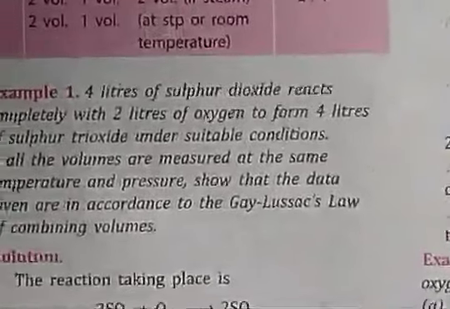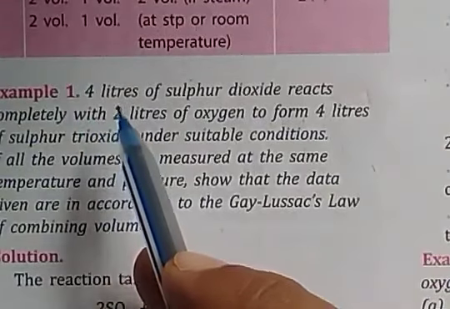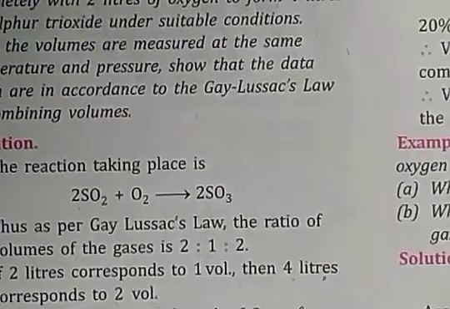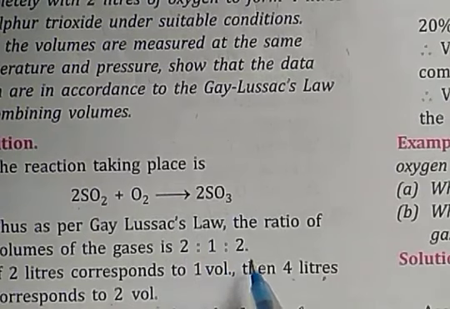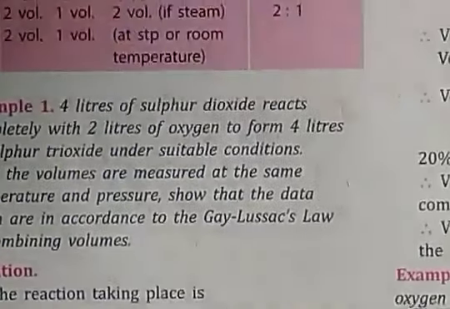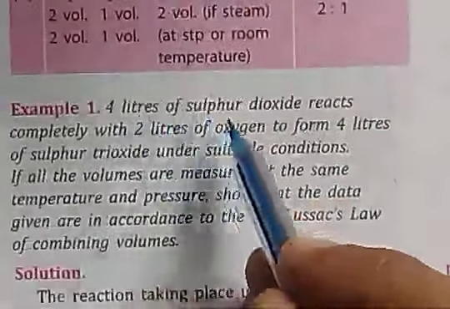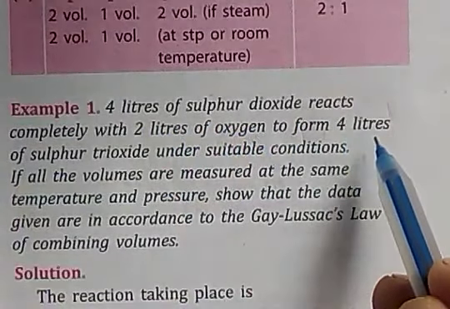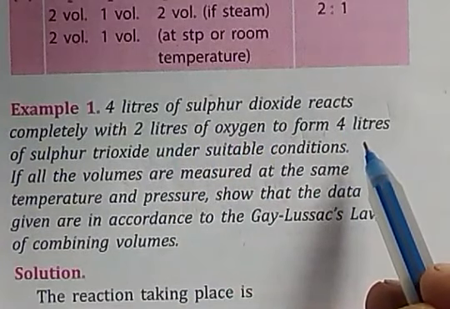So in the question, 4 liters are given; now we multiply this ratio, 2 is to 1 is to 2, by 2. Then you will get 4 liters of sulfur dioxide combined with 2 liters of oxygen to form 4 liters of sulfur trioxide.